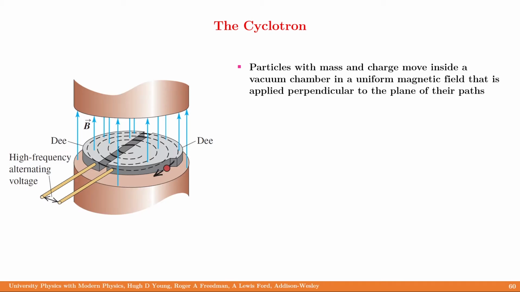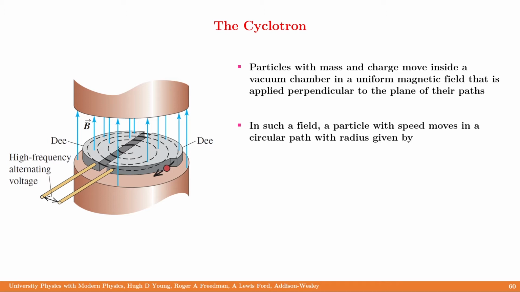The cyclotron apparatus is redrawn in this figure, in which you can clearly see the two Ds and the perpendicular magnetic field. Particles with mass m and charge q move inside a vacuum chamber in a uniform magnetic field that is applied perpendicular to the plane of their paths.